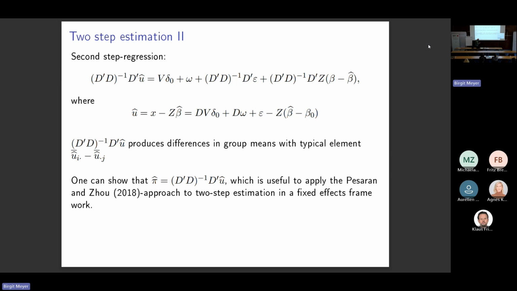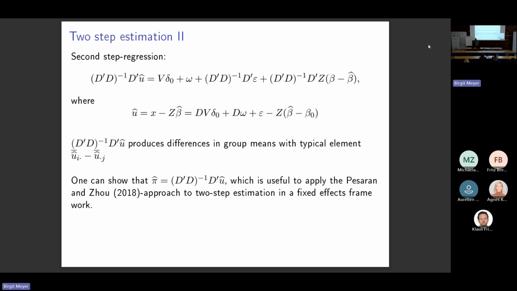This is then what is left up here, okay? And take the mean, which is d prime u. If you have just one fixed effect as Pesaran has, no restriction on that, it's the pi. You take the mean, and this makes the sum, and this makes the mean. D prime D inverse is just dividing by 1 over t, yeah?